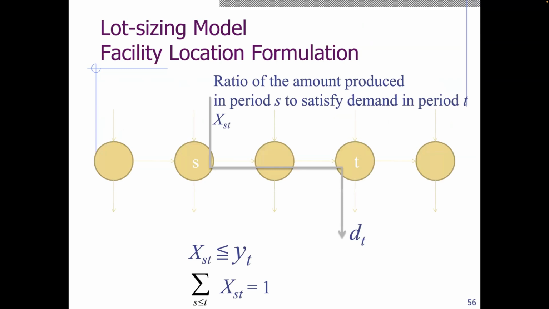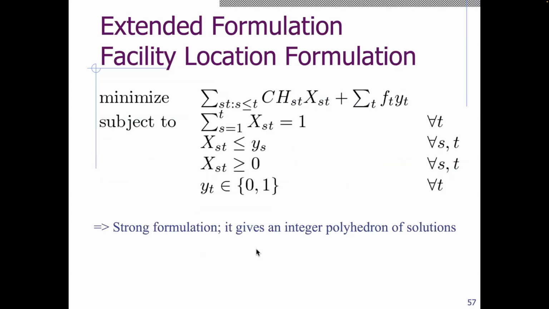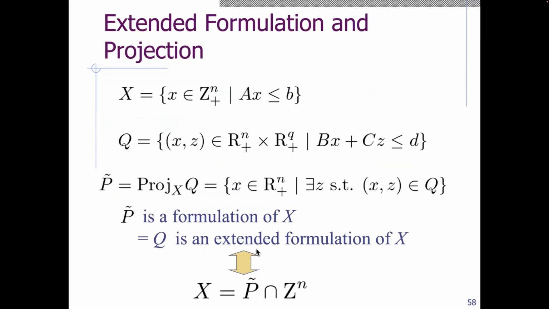The formulation using the extended variable is called the facility location formulation, because this structure of the constraints resembles the simple uncapacitated facility location problem. This is a mixed integer programming formulation of the facility location formulation. This formulation can be shown to be tight, i.e., the linear programming relaxation of this formulation gives an integer feasible solution.